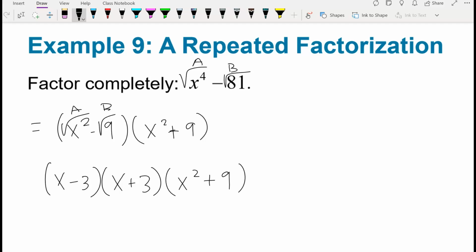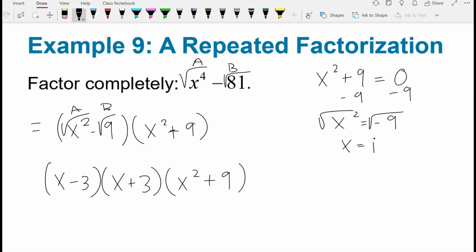The reason why we can't do that x squared plus 9 is that if we tried to solve it, so it'd be x squared equals -9, and we square rooted it, it would become an i answer. It would be plus or minus 3i, which is your imaginary numbers.